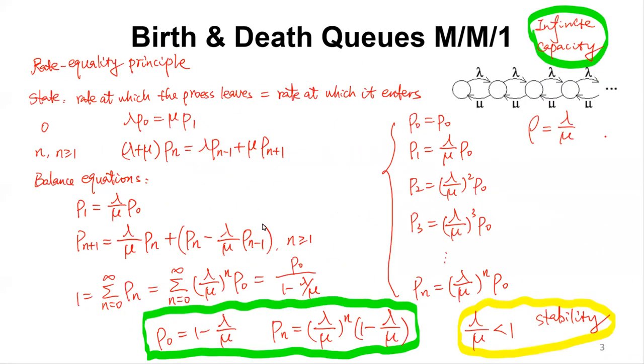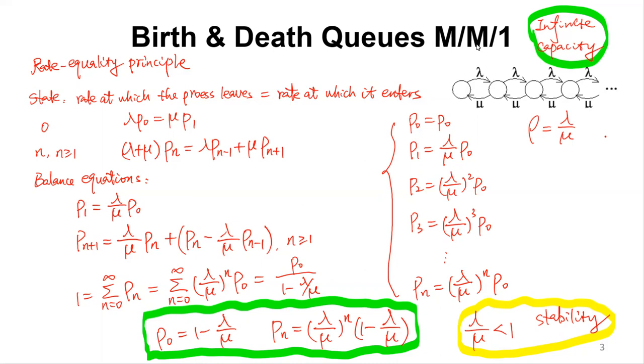Let's first have a look at the birth-death queues with infinite capacity. Here you see this is M/M/1, and we don't specify the capacity, so we assume it's infinite capacity. The first M is the arrival process, exponential, memoryless.